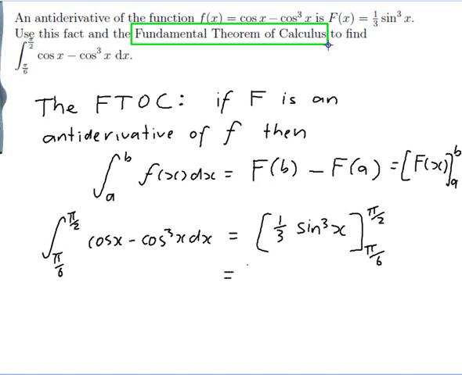So that would be a third of sine cubed of pi on 2 minus a third of sine cubed of pi on 6. So sine of pi on 2 is 1, so that would be a third times 1 cubed.